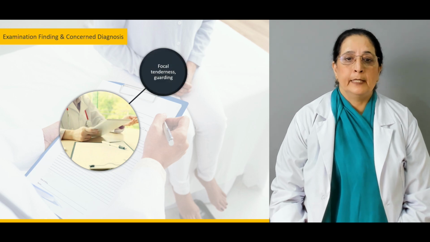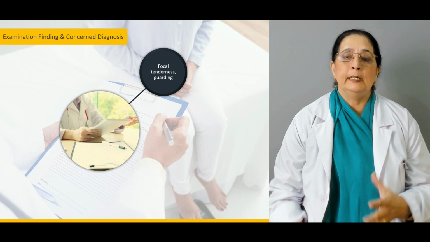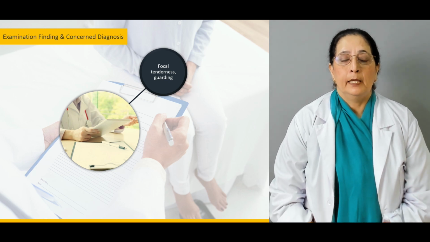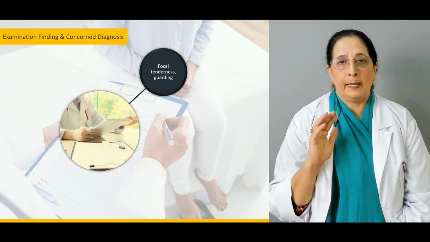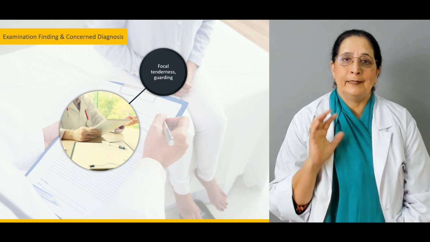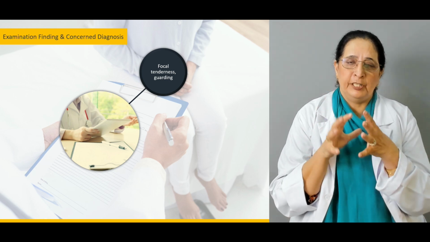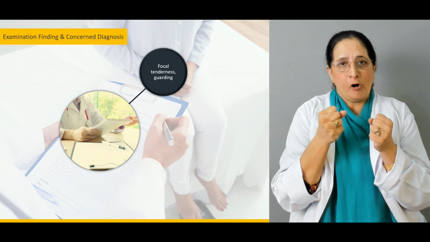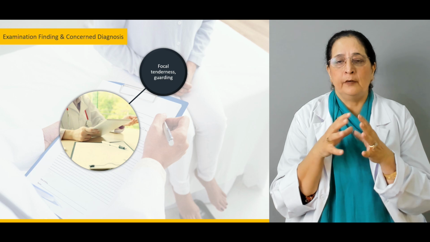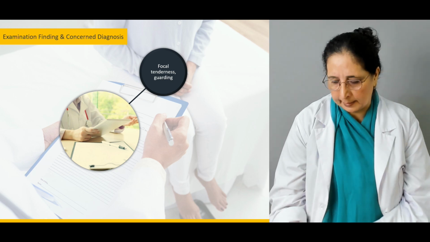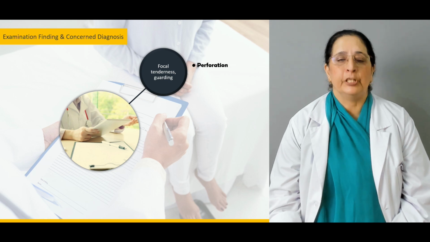Now, some other examination findings and concerning diagnoses: focal tenderness and guarding is very common in the abdomen. When we palpate the abdomen, there is tenderness on palpation and guarding. The patient tries to contract that area to avoid the pain. That's the guarding. So focal tenderness and guarding are very characteristic of perforation.